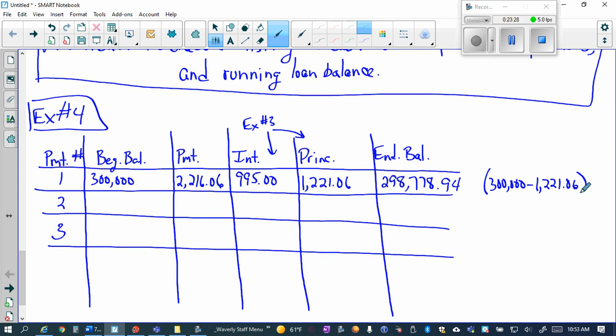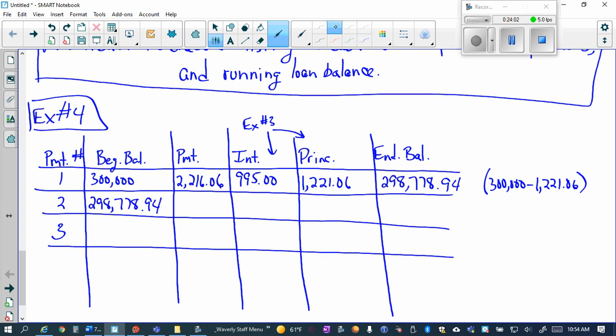Okay? So now we go on to payment number 2. So for payment number 2, we have a new beginning balance. And that's just as easy as bringing over the ending balance from payment 1, right? So whatever payment 1's ending balance was, the $298,778, that comes over here to our new beginning balance, $298,778.94.